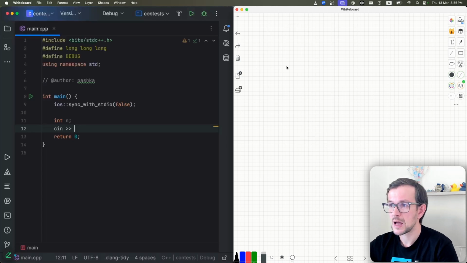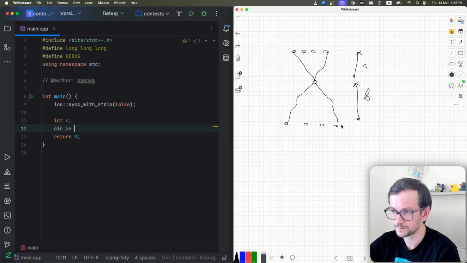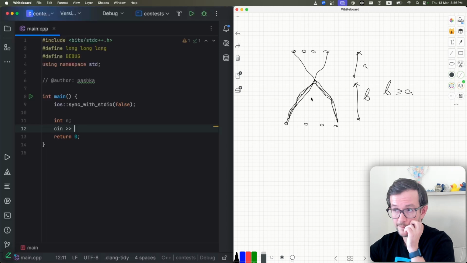I have this point, and let's say I have at least 2 branches here with length b and some branches here of length a. So I have all leaves here at this level, all leaves here at this level. If b is greater than a, this is the longest path in my graph, b plus b. Every other path is shorter. So your diameter is 2b, and this point is the center of your diameter.